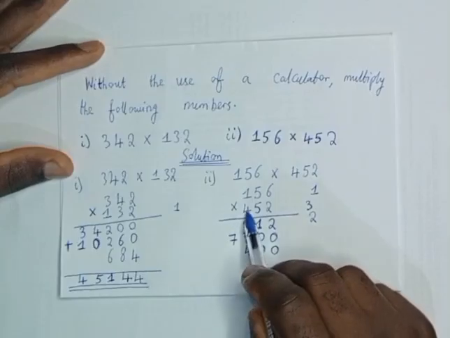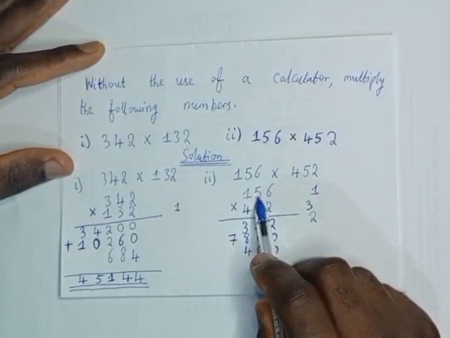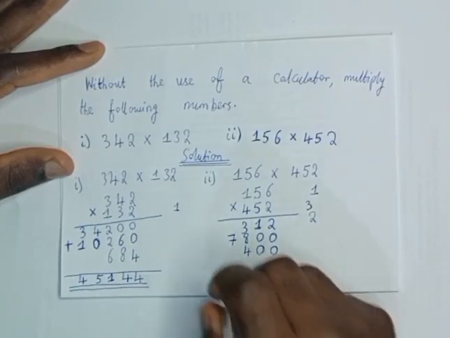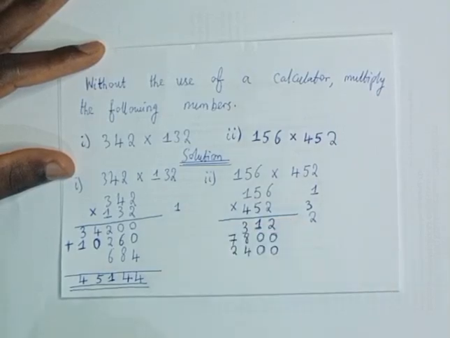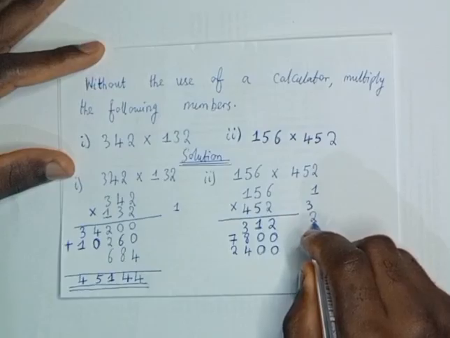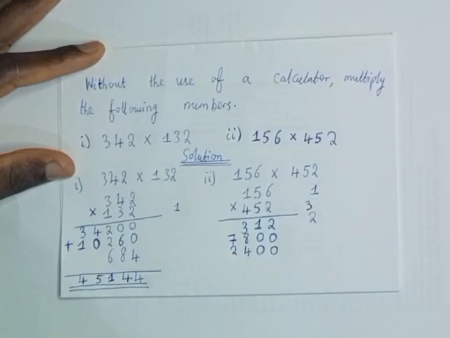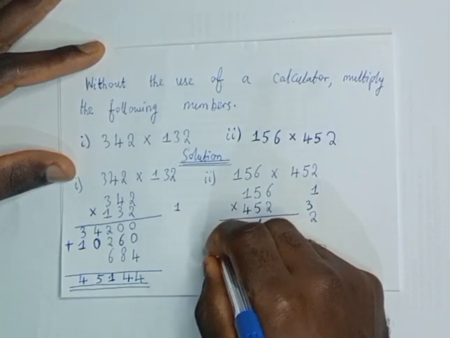We move to the next. 4 times 5 gives us 20. 20 plus the 2 we carry gives us 22. We write down 2 for units, then we carry the 2 tens. We move now to the next multiplication. We take 4 times 1, it gives us 4, plus the 2 we carried, it gives us 6. We write down the 6 under the next higher place value.